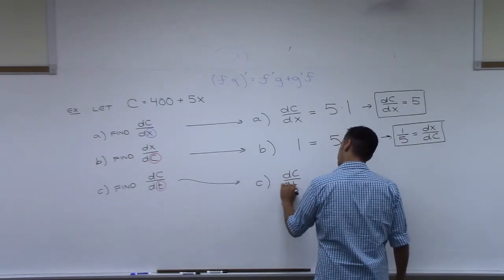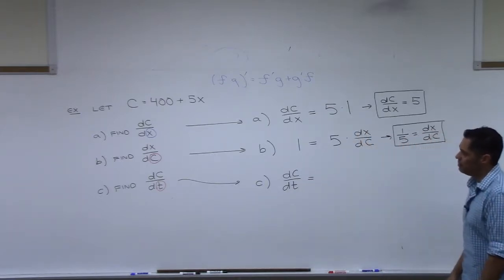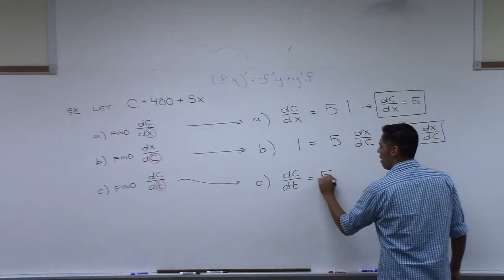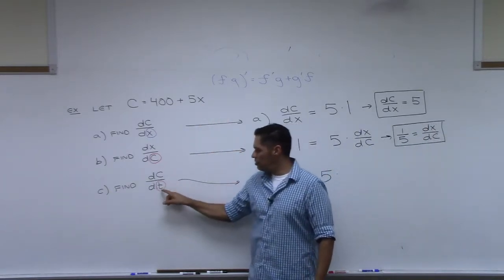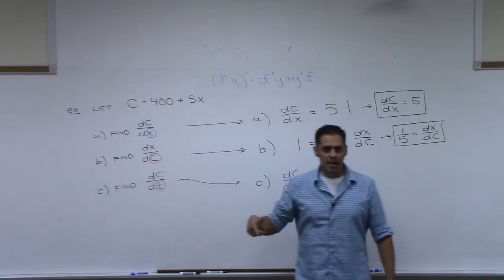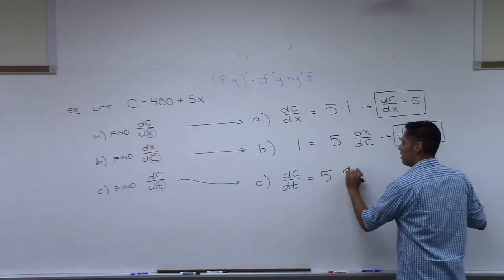Equals derivative of 400? 0. Then we have a 5 that comes for the ride. And what is the derivative of x with respect to t? dx dt.